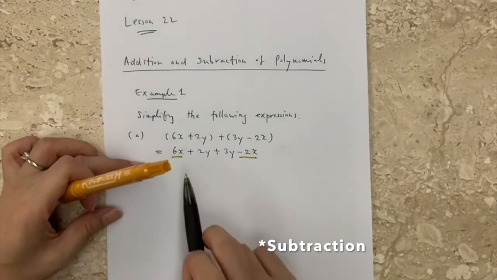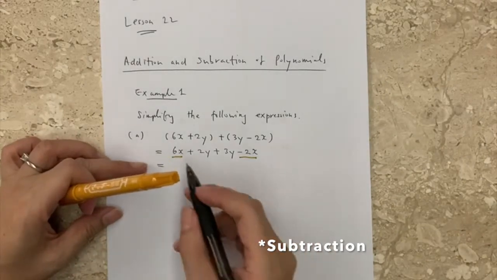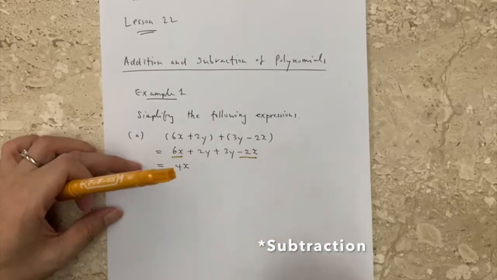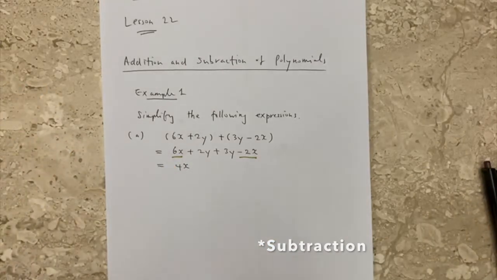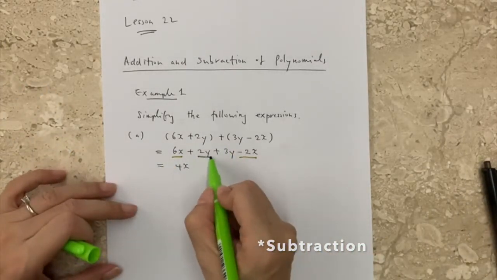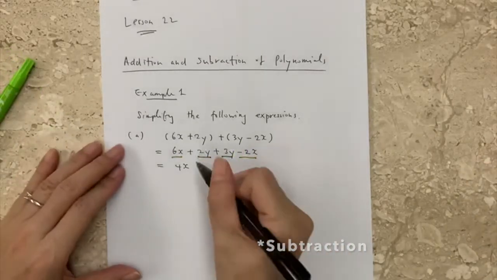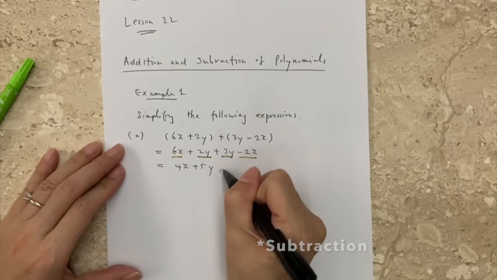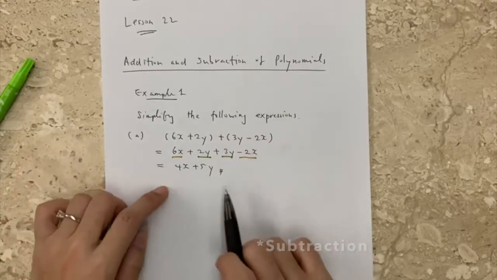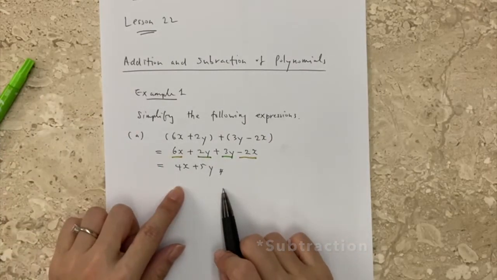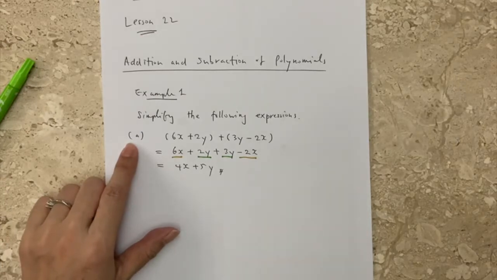So how many x left? 6 minus 2, so I have 4x left. Alright, so now we come to y. This is 2y and then plus 3y. Altogether we have 5y. Alright, so this is about addition of polynomials in the first example.